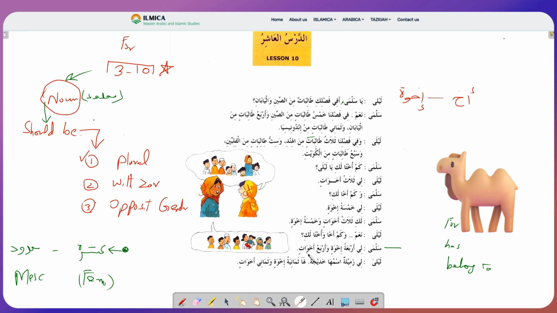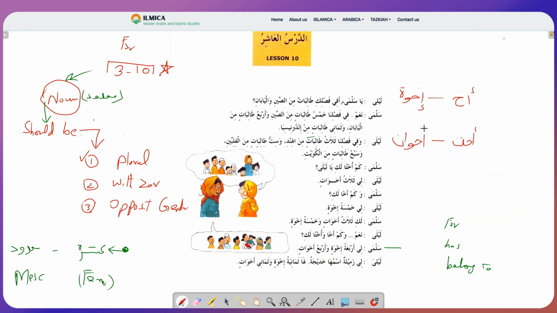Is akhawat plural or singular? It is plural, because its singular is ukhtun, one sister, and akhawat is many sisters. So the first condition is met.